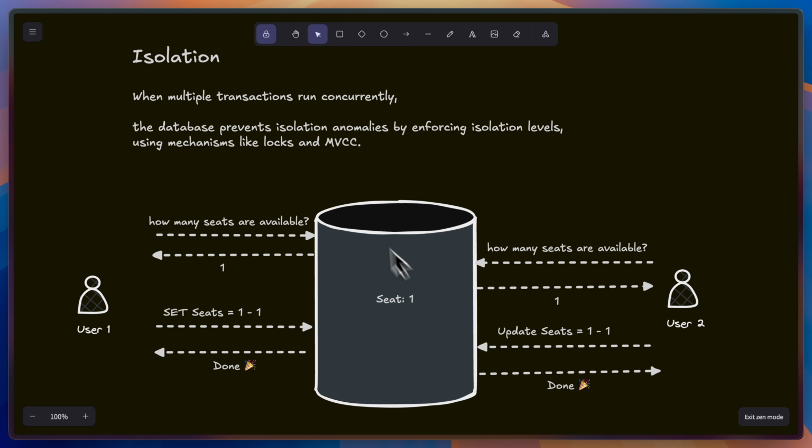So whenever multiple transactions run concurrently, you would face multiple problems, right? And the database will help you to eliminate those problems by giving you different isolation levels. It gives you 4 different isolation levels. You just have to use those isolation levels in order to prevent the anomalies which you want.